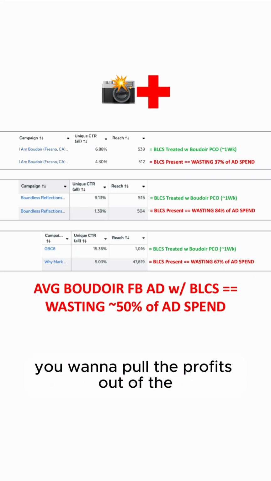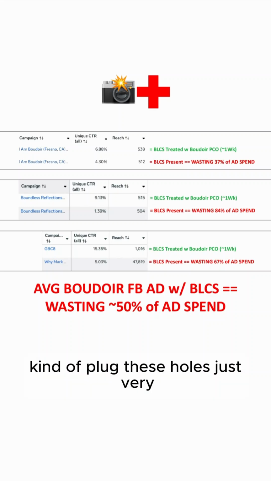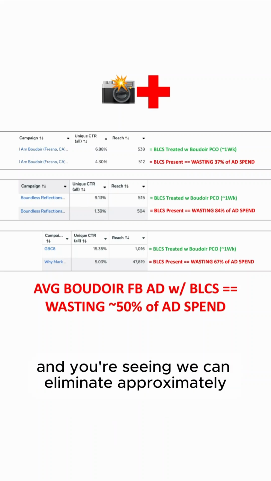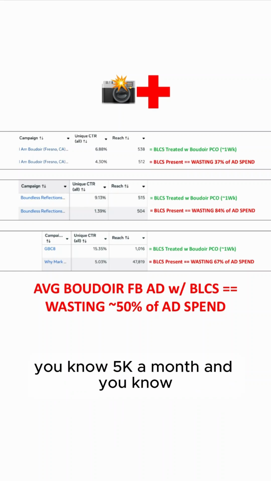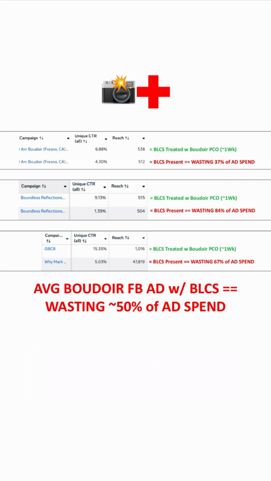You want to pull the profits out of your Facebook ad part of your business, plug these holes, which is very quick, takes only about a week. And you're seeing we can eliminate approximately 5K a month, approximately 50% in wasted Boudoir Facebook ad spend.